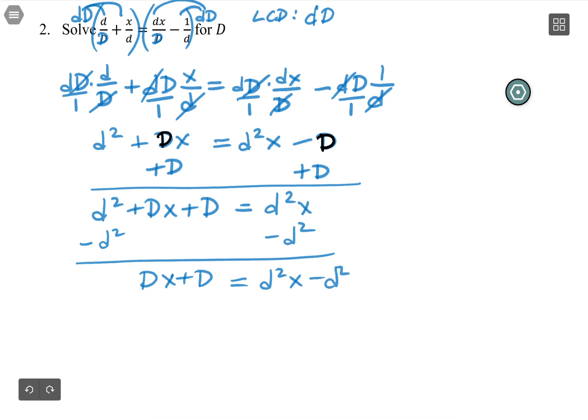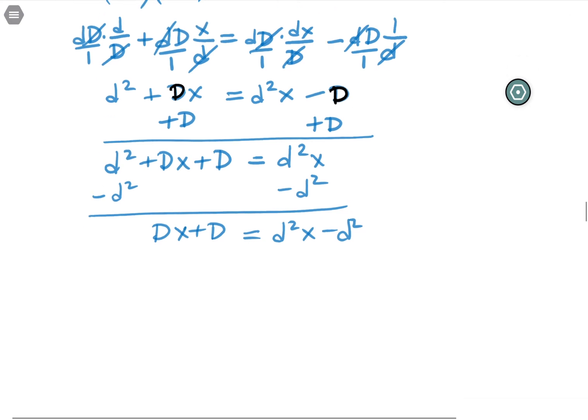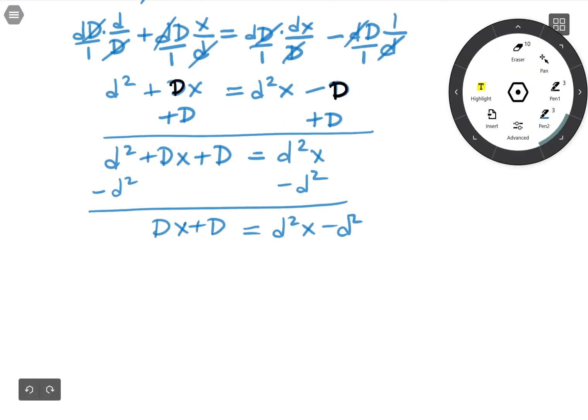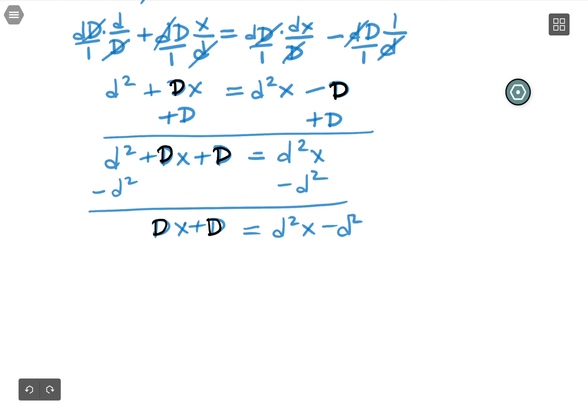So now I'm finally at the point where all I can do, remember you're solving for D. If I was solving for X, this would be easy. I'm trying to solve for D, and there's more than one of them, and I really need to have just one of them if I'm going to solve. So you have to remember, write it down somewhere, give it a big star, this factoring trick. I factor out a D. I'm left with x squared plus 1.